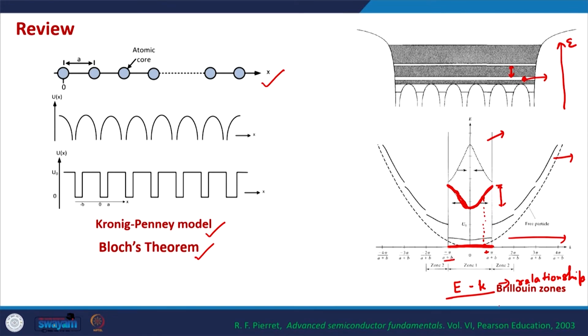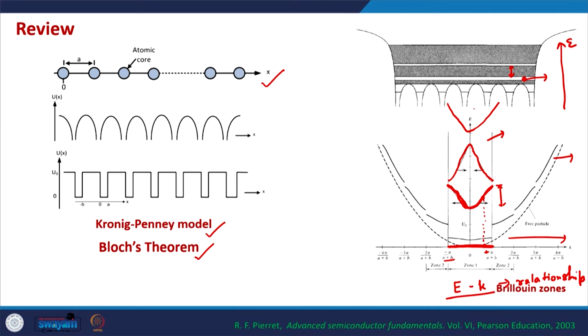One more thing here that we need to notice is that between two bands, so this is one band and this is another band. Similarly, we will have another band possibly like this, another band will be like this. Okay.